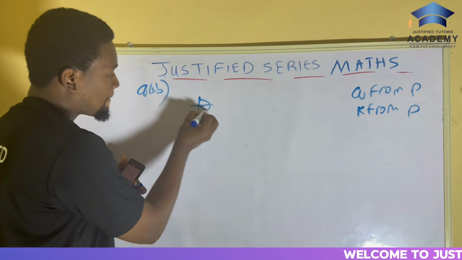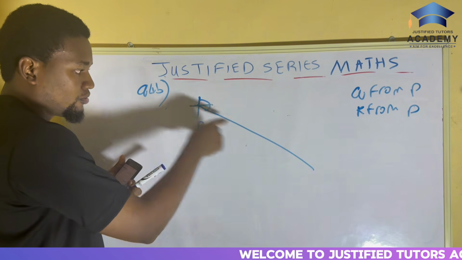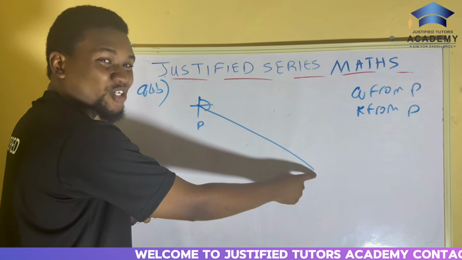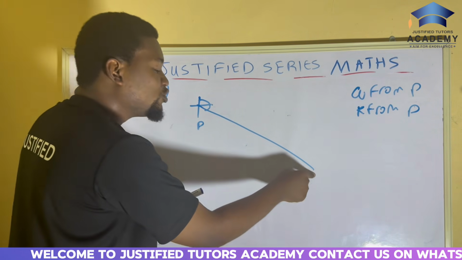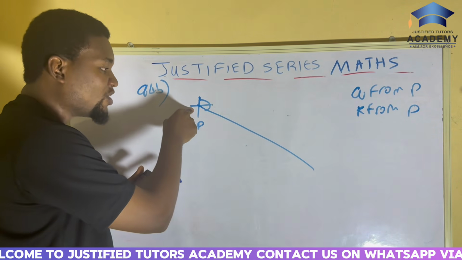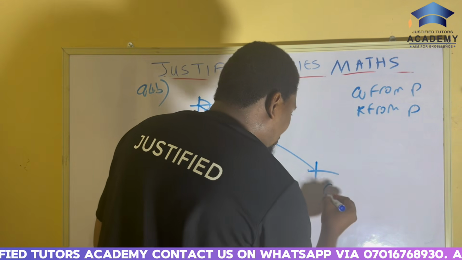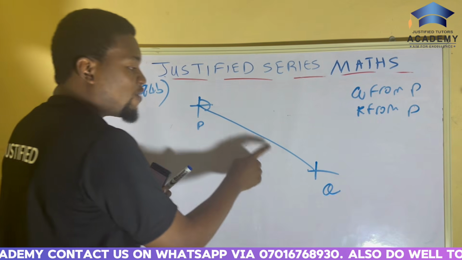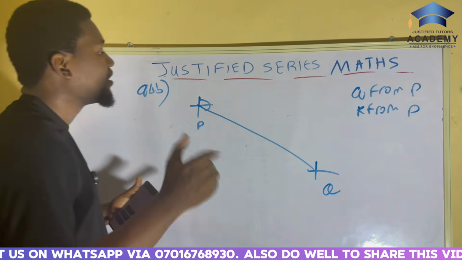You draw like this. So now this will be our Q. But where is it coming from? From P. You see it now? The bearing of Q from point P. Are you with me? Sharp.